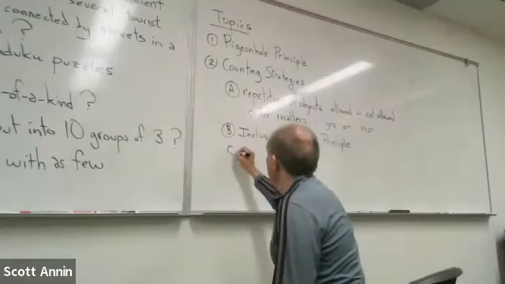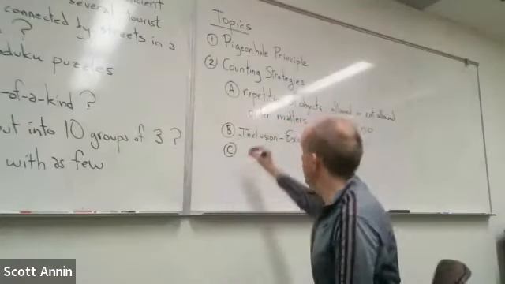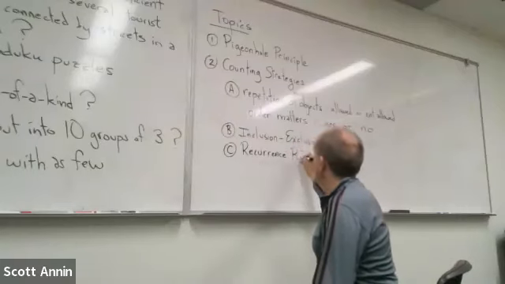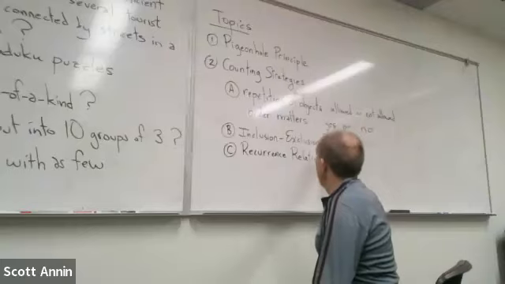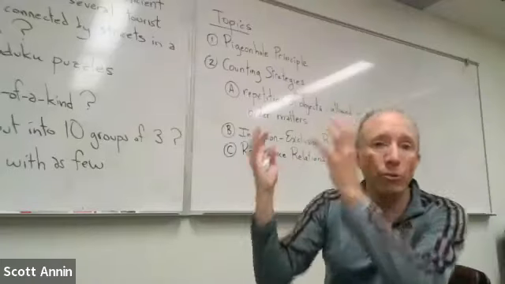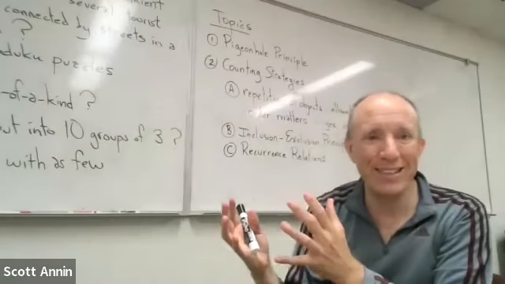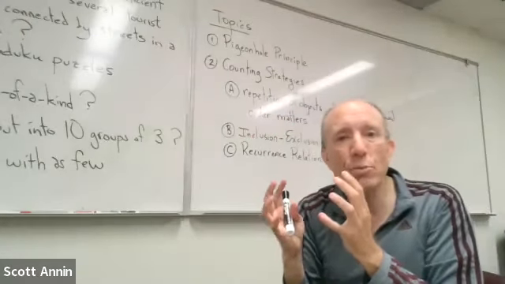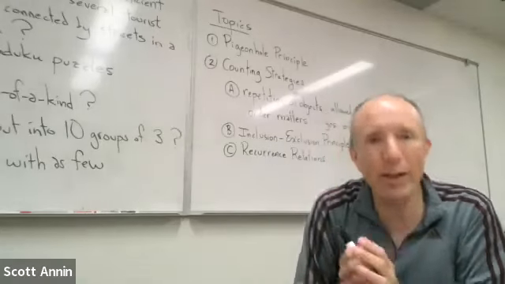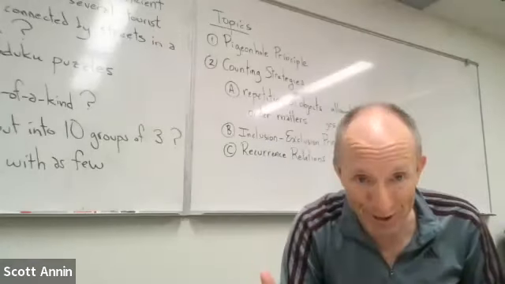Another popular trick for counting things is to use what are called recurrence relations. Recurrence relations basically allow us to count arrangements of objects by counting a smaller version of that same problem. So in other words, maybe with fewer objects.